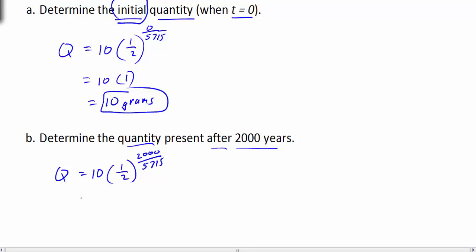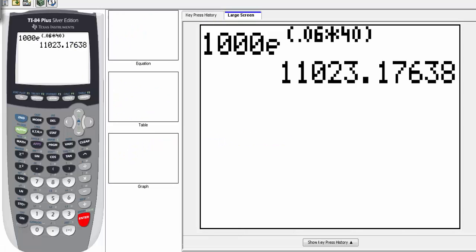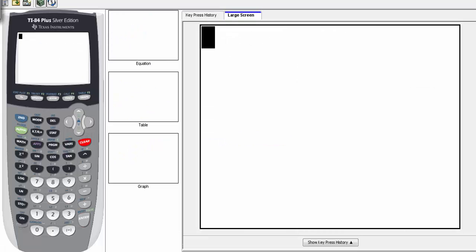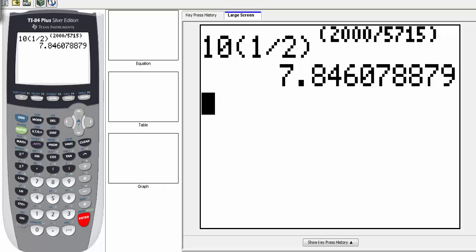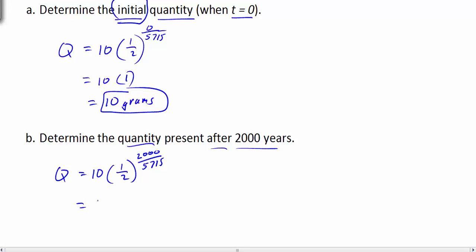And if we plug this into the calculator, we would have 10 times 1/2, and we're going to raise this to the 2,000 divided by 5,715 and close the parentheses. If we hit enter, we get 7.8, and we'll say 7.85. Now, did you guess correctly? Did you say that this was going to be more than 5?